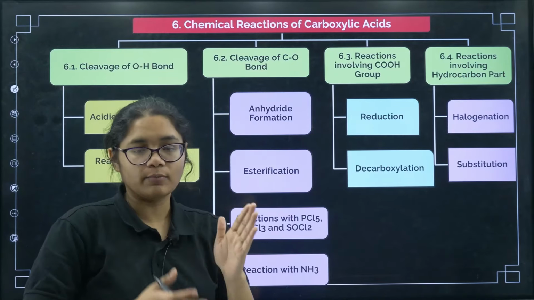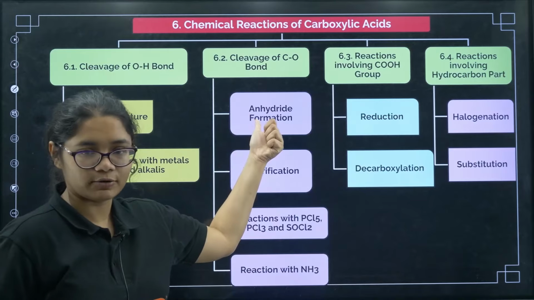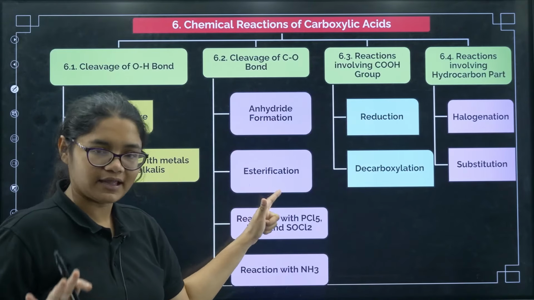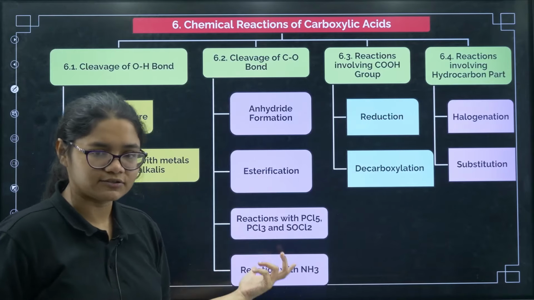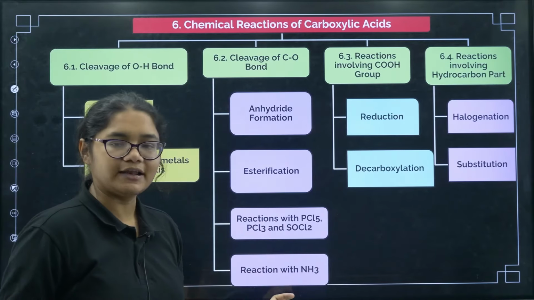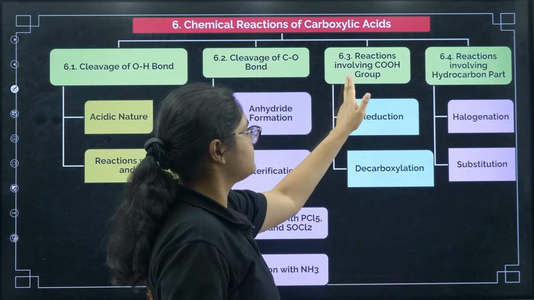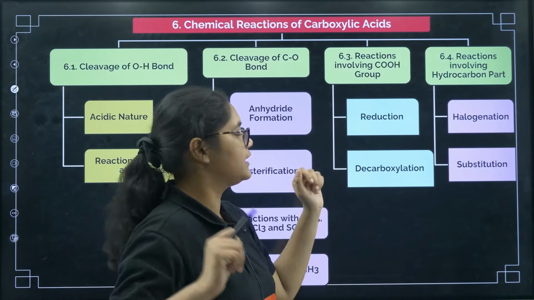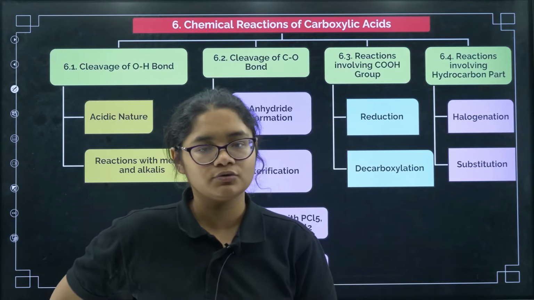Cleavage of the CO bond: what all reactions are covered here? Anhydride formation, esterification, we have already studied. Reactions with PCl3, PCl5, SOCl2, this is also studied. Reactions with NH3, we have also studied this one. Next we have reactions involving the COOH group. There we can do reduction, with lithium aluminum hydride it will get reduced to alcohol.